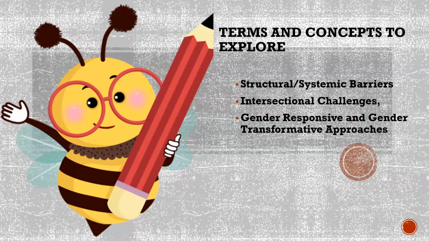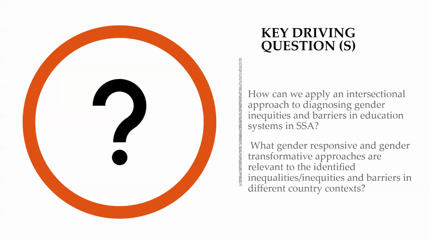While we are talking of intersectional challenges, we may also be able to identify intersectional successes, where stakeholders have come together, put in resources and built their capacities to do away with systemic and structural barriers. An ongoing theme from session 1 to now is gender responsive and gender transformative approaches. Thank you. Next slide.